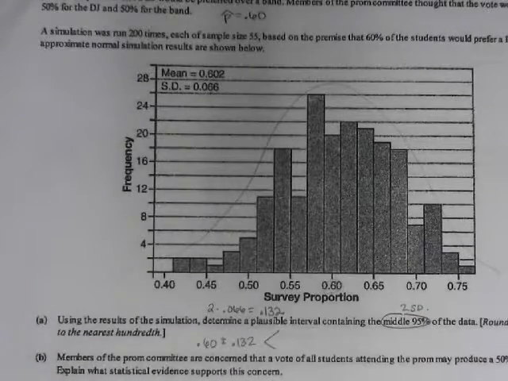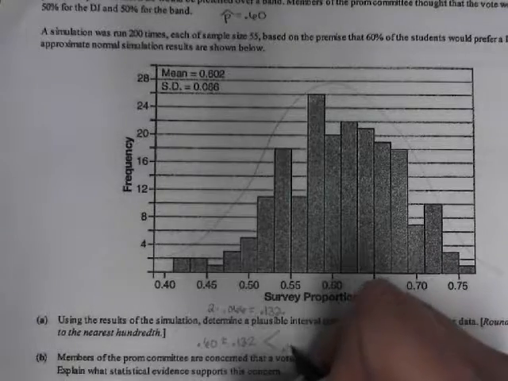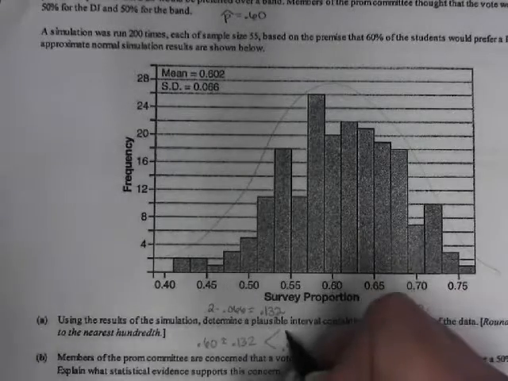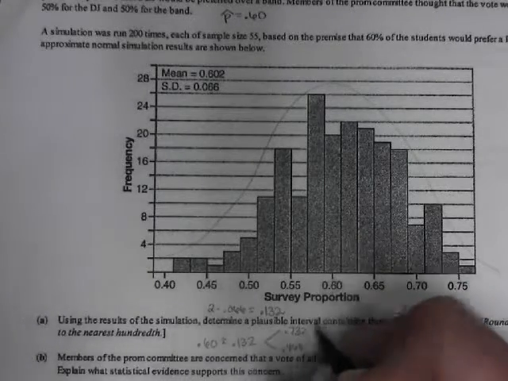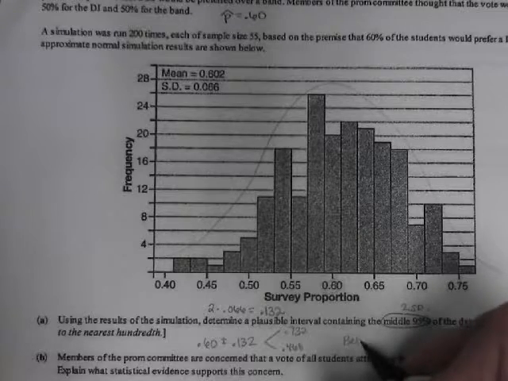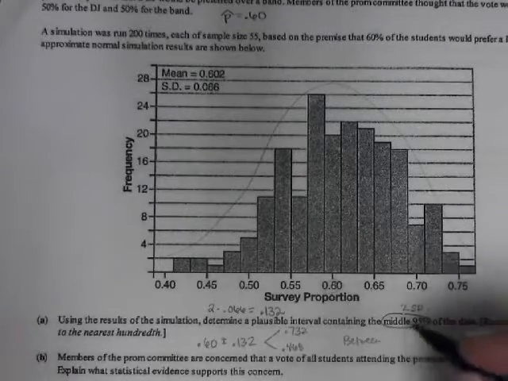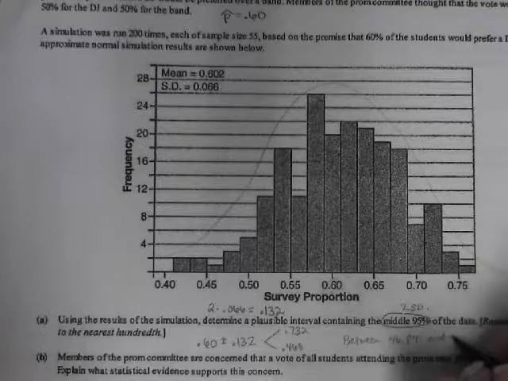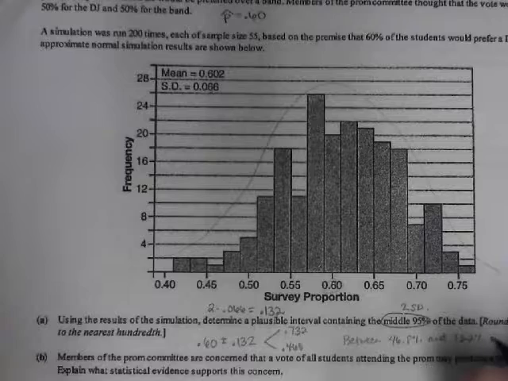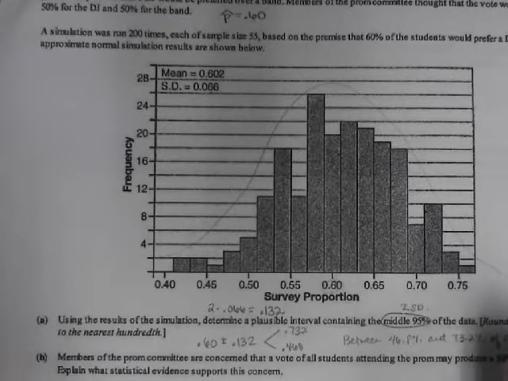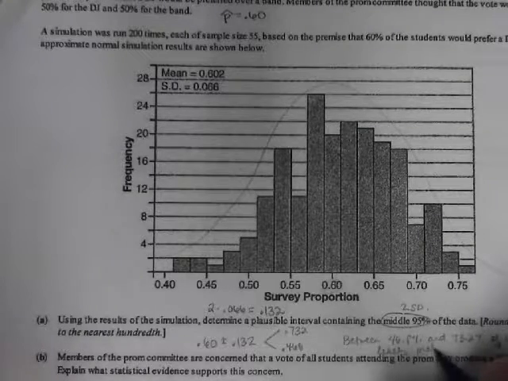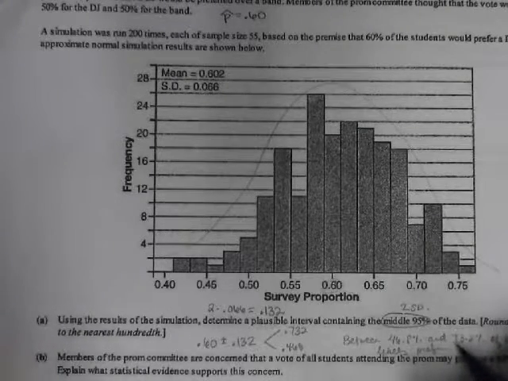So my interval, 0.60 minus 0.132, could be as low as 0.468 or as high as 0.732. In other words, between 46.8% and 73.2% of students likely prefer a DJ.